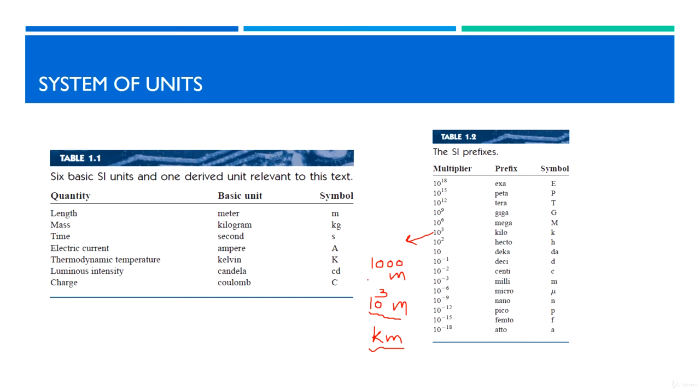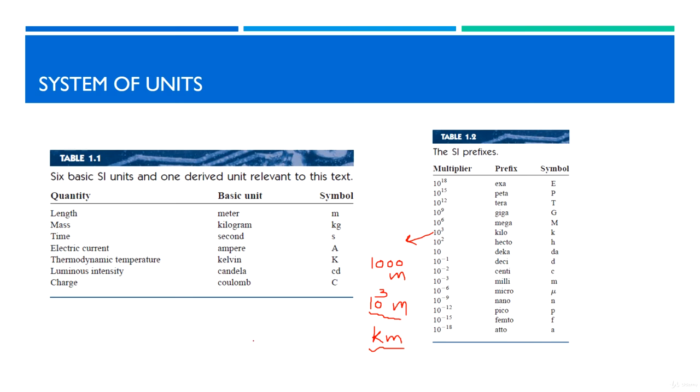So instead of writing all of this, I can say km, where K represents the multiplier and m represents our unit. So we have 10 power 3 abbreviated by kilo, 10 power 6 by mega, 10 power 9 giga, 10 power 12 tera, and of course we can go to smaller numbers: 10 power negative 2 centi, 10 power negative 3 milli, and so on.